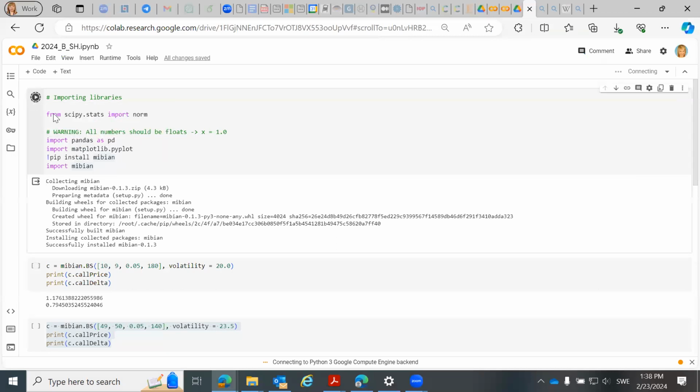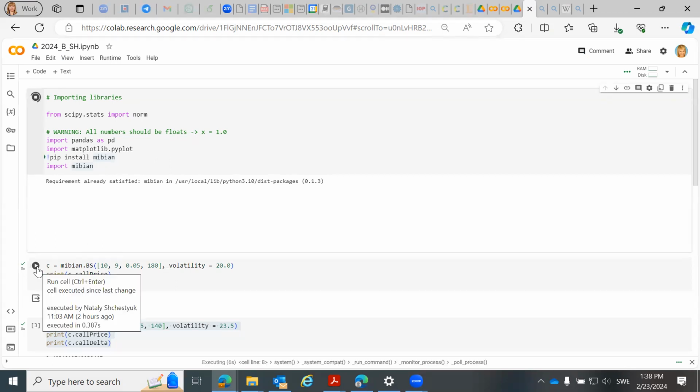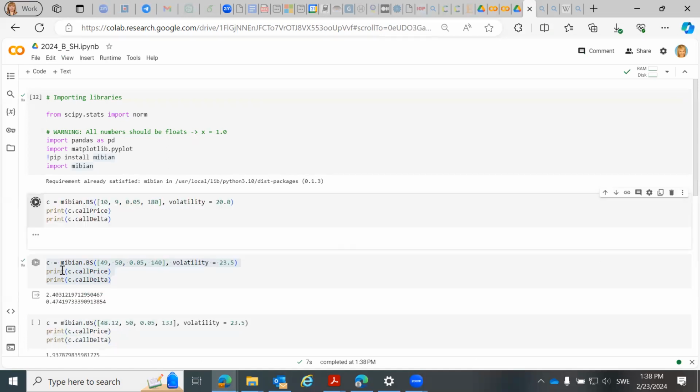So we import the needed libraries and install GBM, you see. And after that, we write our function like GBM and B-S. It's Black-Scholes, and it is the price from today 10.